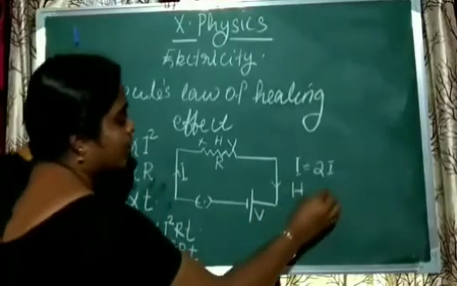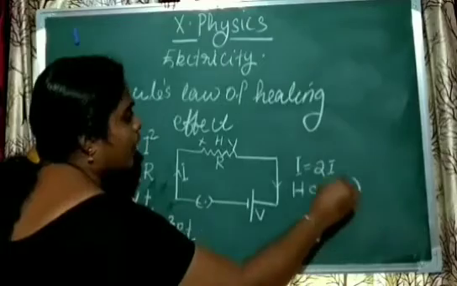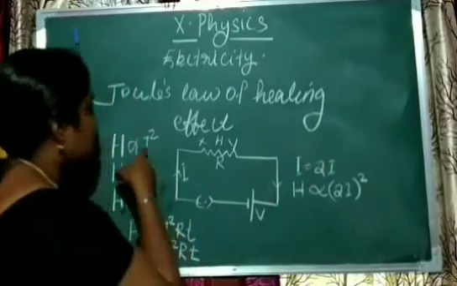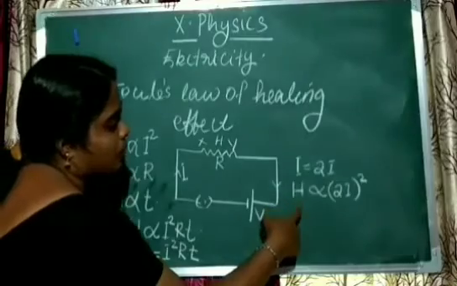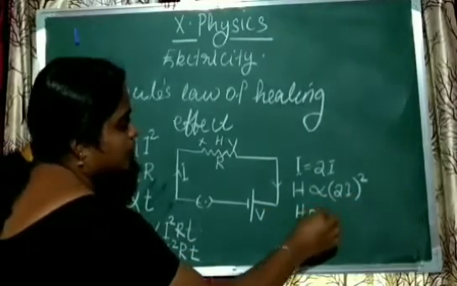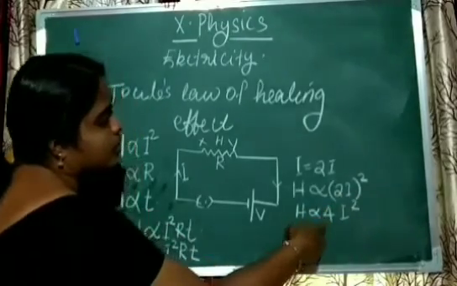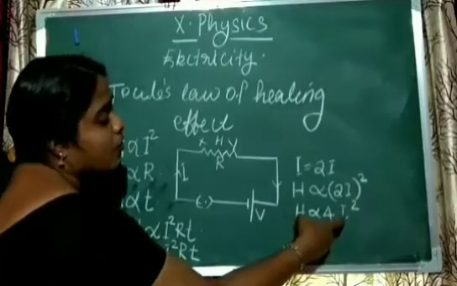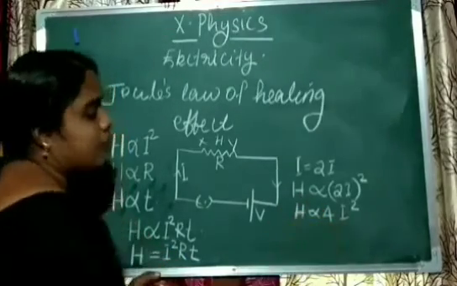So H is proportional to 2I the whole square, because instead of I we write 2I. So H is proportional to 4 into I square. So the heat energy will be increased how many times? 4 times. The heat developed in the conductor increases by 4 times.